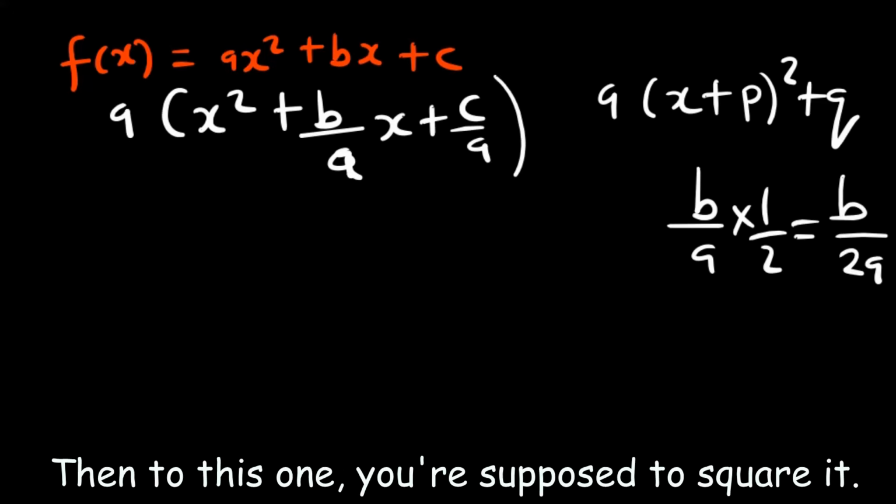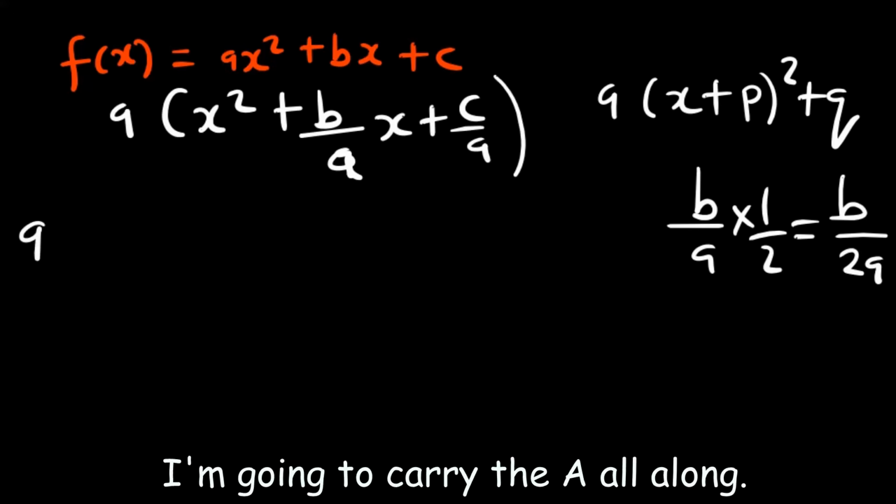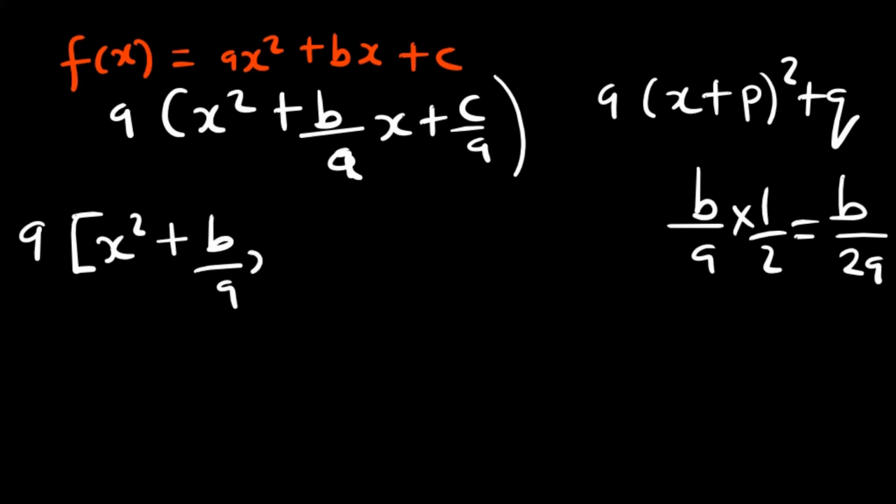Then to this one, you're supposed to square it. Okay? So what we're now going to do is, I'm going to carry the a all along. So I'm going to have x squared plus b over a x.